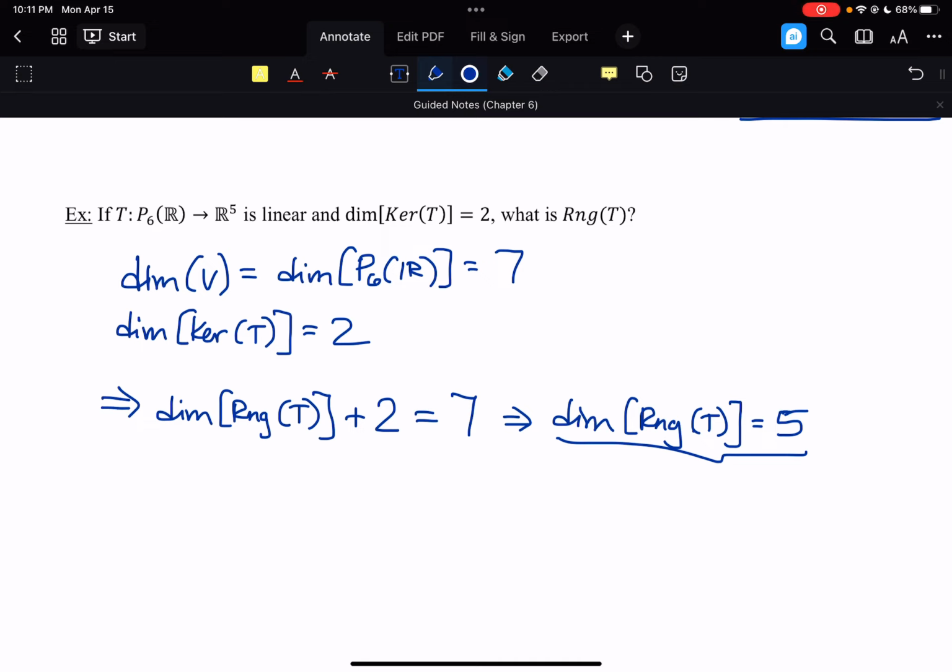That means that the range covers all of it, or spans all of it, if you will. So let me say that again. Since the range is the same size as the output vector space, their dimensions are the same, which means that the range spans all of R5. So notationally, we'll say the range of T is R5.